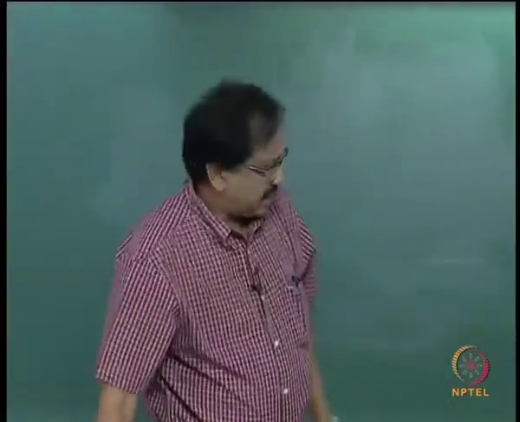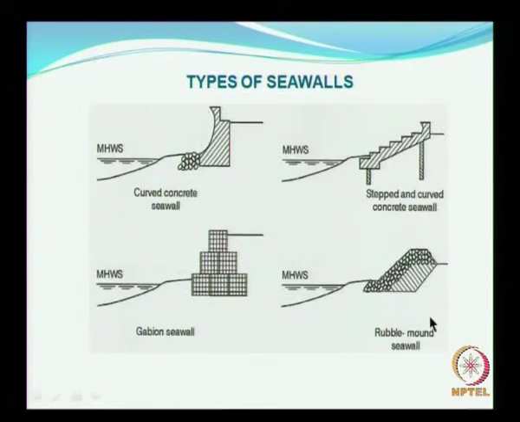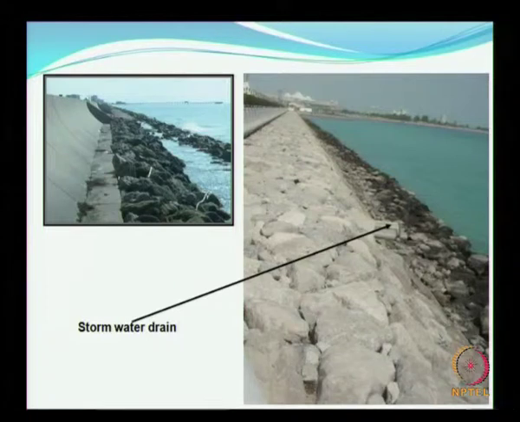So this is a conventional rubble mound sea wall which we have already seen. You look at this wall, this is a concrete wall. Now you have a toe protection here. The importance of toe protection will again be discussed later after about 3-4 slides.